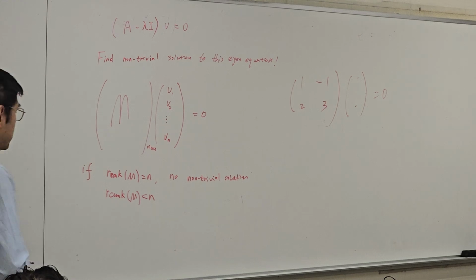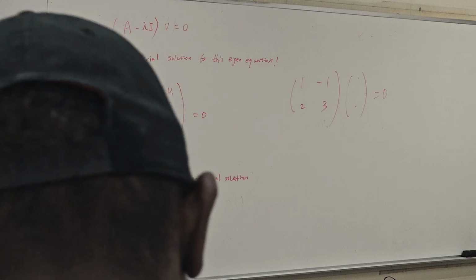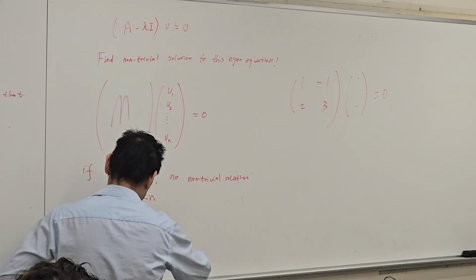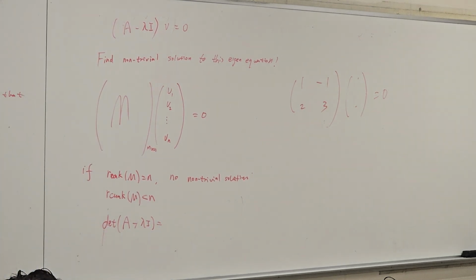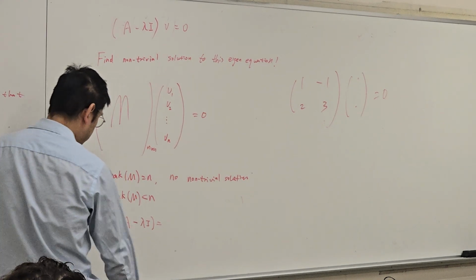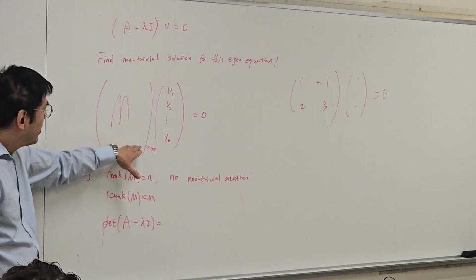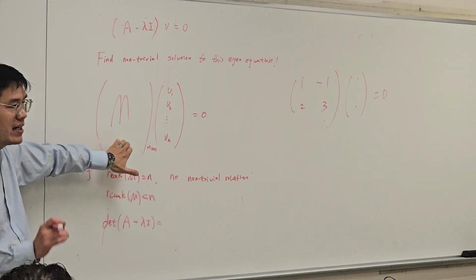And then what does it tell us? If rank M is smaller than n, then what's the determinant of M? So you can do some row reduction, and one of the rows will become entirely 0.